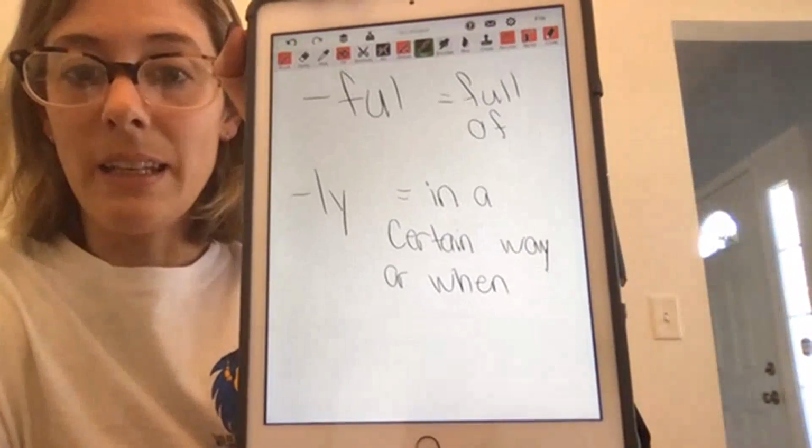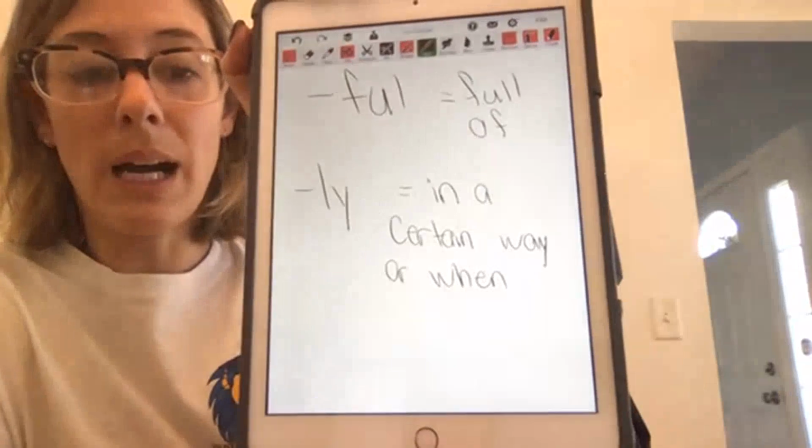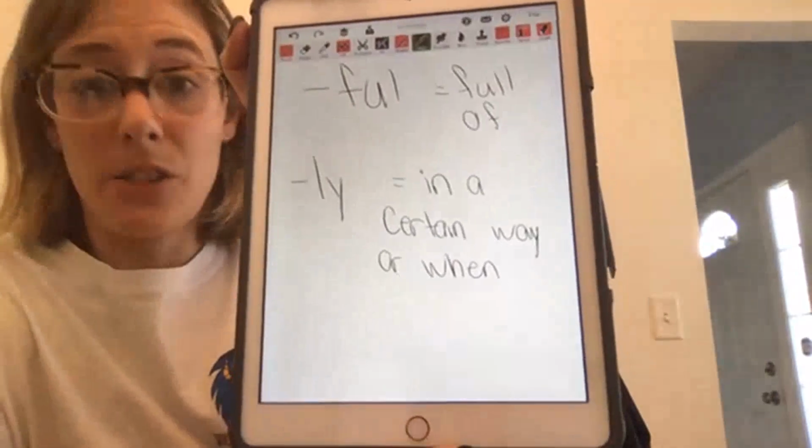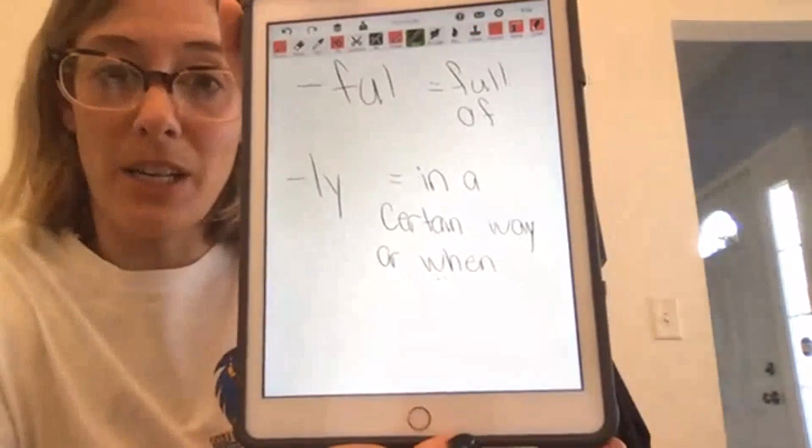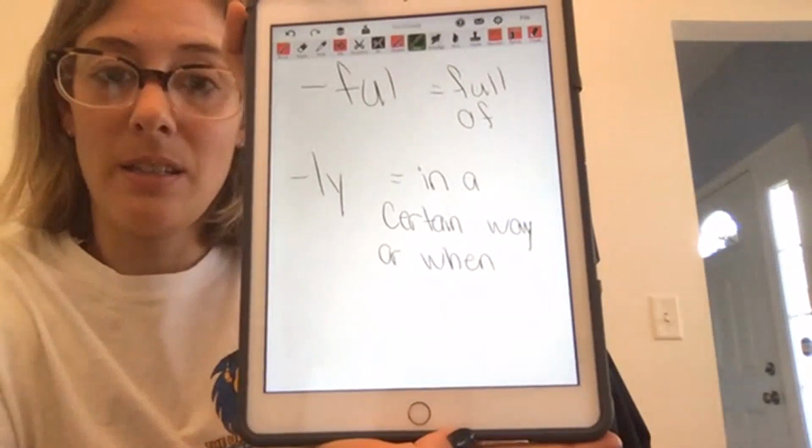Okay, when we have the suffix ly, it means in a certain way, or it means when, or a time period.